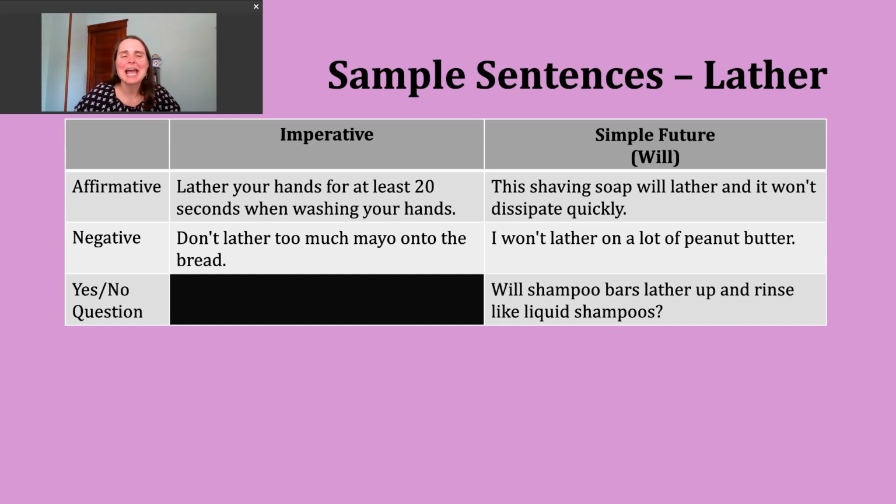Finally, let's look at making a yes or no question in the simple future. To do this, I start with will, then I have my subject, and then I have the base verb. So no suffixes, no special endings. An example of this might be, will shampoo bars lather up and rinse like liquid shampoos?